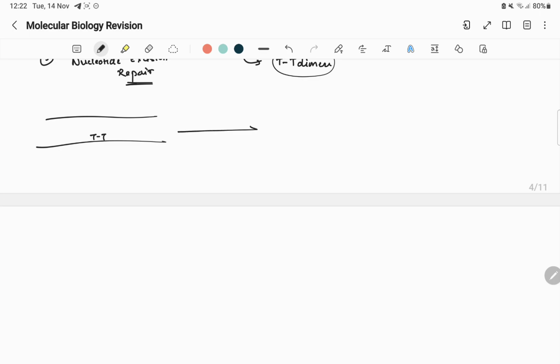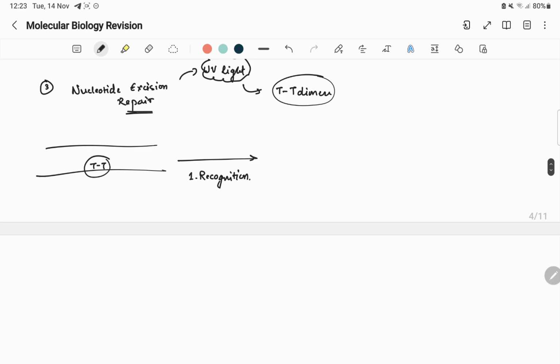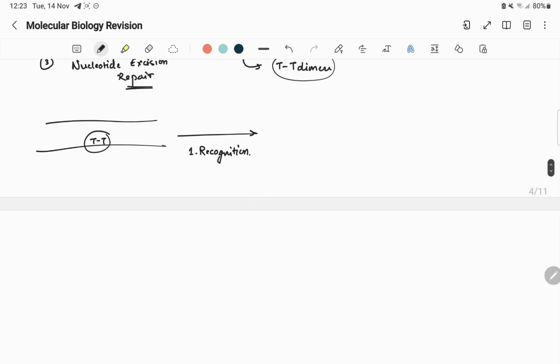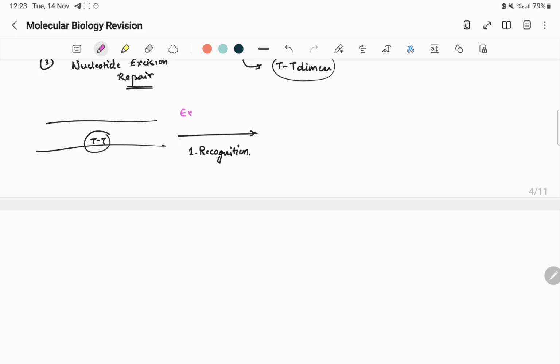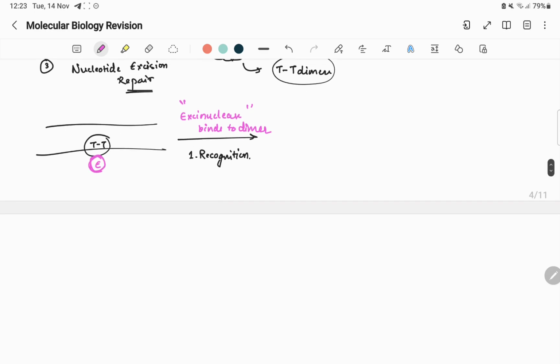There is the recognition first. As the recognition of the TT dimers, an enzyme called exonuclease binds to the dimer. Let's say this is the exonuclease which is binding to the dimer, and this will remove the affected segment.